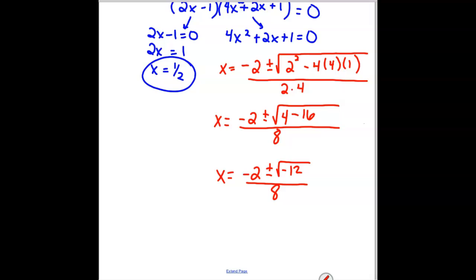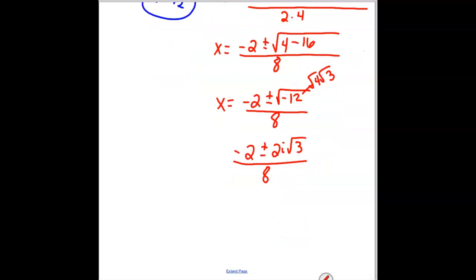Simplifying that, we can think of 12 as 4 times 3. Square rooting that would give us 2 root 3. Because of the negative, we're going to have 2i root 3. Now, we could divide each of those pieces by 2. So the first chunk, if we divide those by 2, we get a negative 1 on top and a 4 on the bottom.